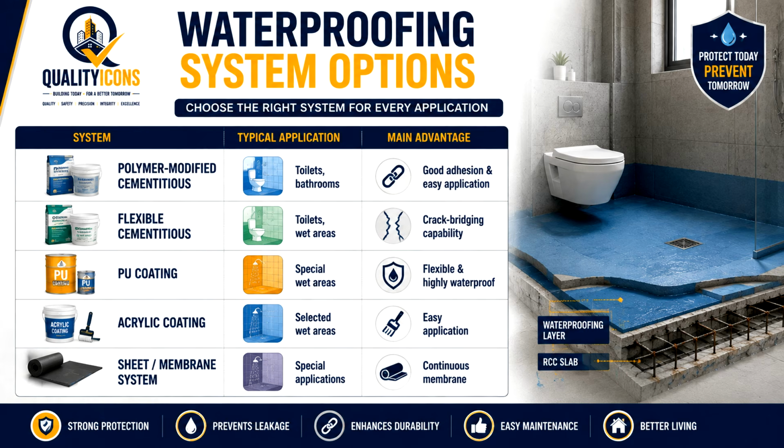Please remember, acrylic systems can be considered for selected applications depending on the product specifications. Sheet or membrane systems are also available for specialized applications, like HDPE membranes and SBS membranes. SBS means felt with bitumen membranes.